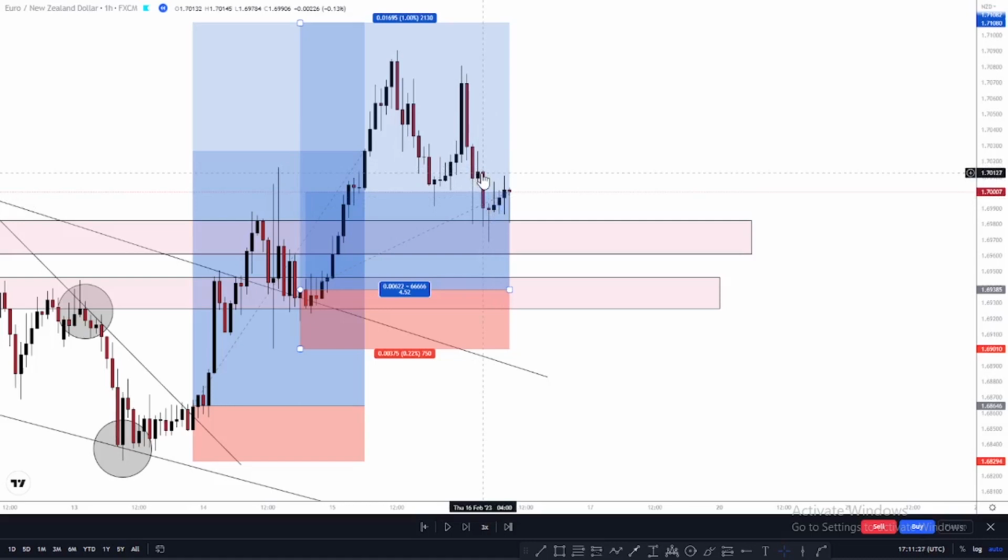Anytime I'm trading the three candlestick pattern, I need to see the bullish candlestick close above the bearish candlestick, or the bearish candlestick close below the bullish candlestick, else I'm not taking the trade. So at this point, what I'm waiting for is a bullish momentum candle that is going to tell me that, okay, at this point the bulls are on the go to take price to the upside. All right, so now let's wait for a momentum candle.